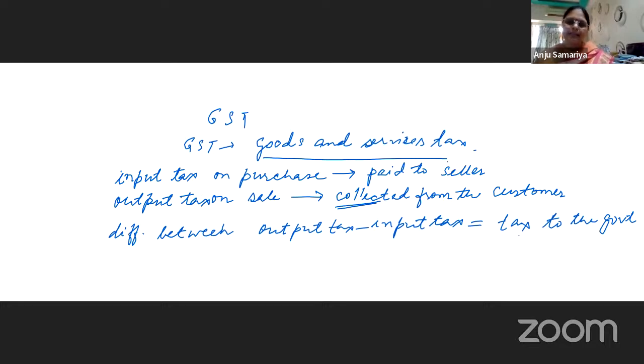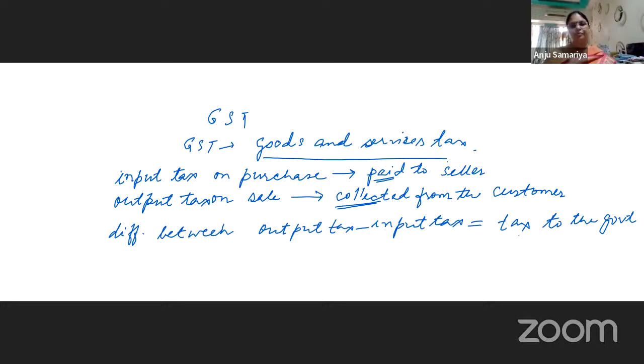But when I buy this TV set from the wholesaler, I have paid the tax to the wholesaler. Yes, ma'am. So I paid tax to the wholesaler on the purchase price, and I collected tax from the customer on my selling price. The selling price is obviously more than the purchase price, correct?